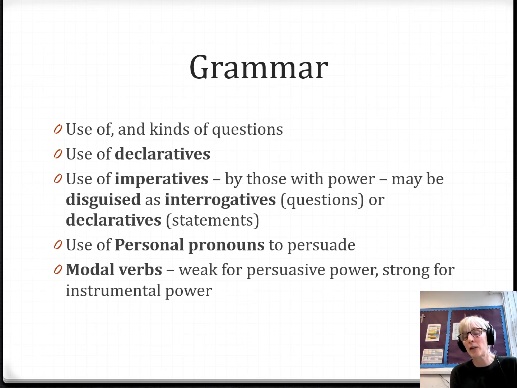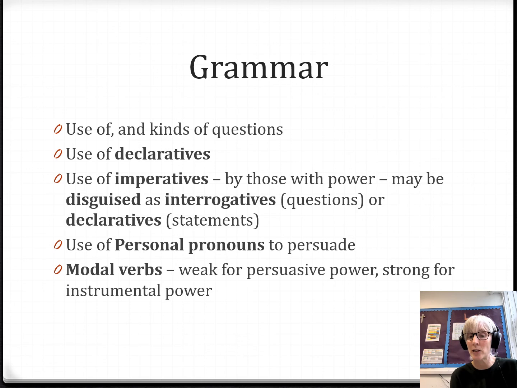So just in terms of language levels, to be aware of the sort of grammatical terms to be using and to be familiar with, look at questions or interrogatives and the kinds of interrogatives that are used. Imperatives may be disguised as interrogatives or declaratives. Yeah, that idea of a disguised directive. If an organisation is trying to be persuasive, they will often use personal pronouns.